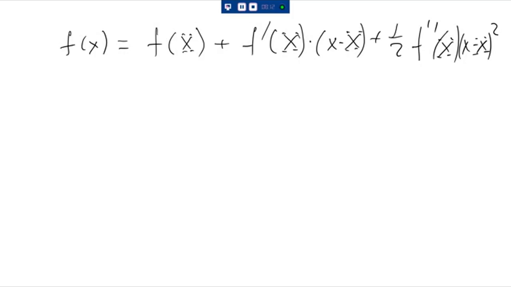Now f of x equals, we remember that f at x capital was x capital plus epsilon. We remember that the derivative of f at x capital was equal to 1.